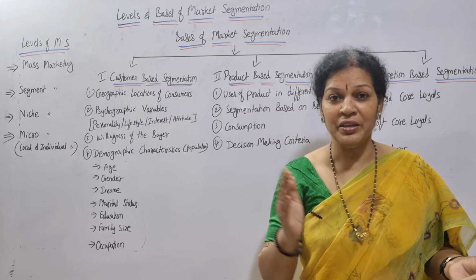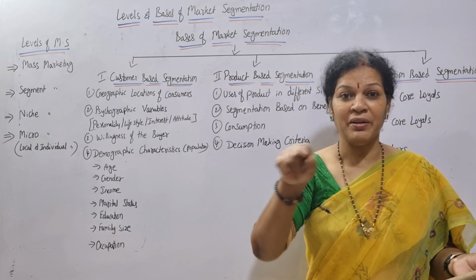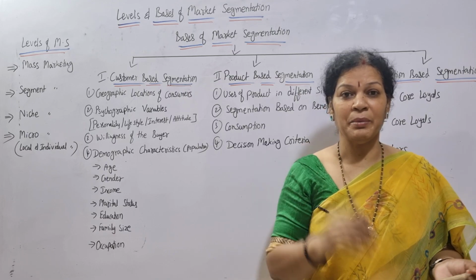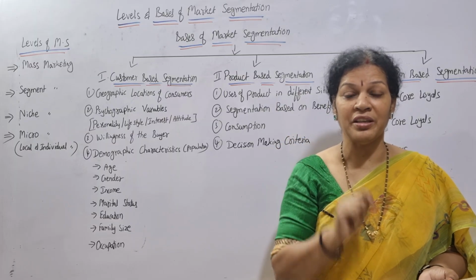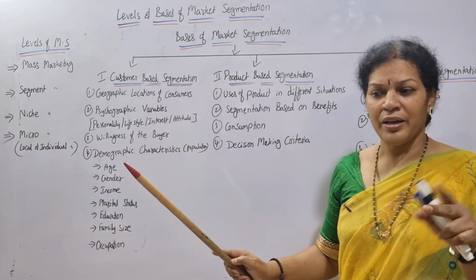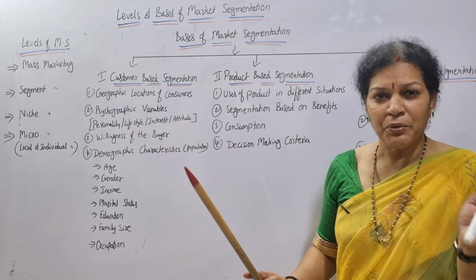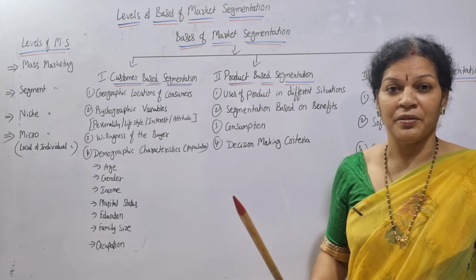If only a particular area needs it, we have to focus on those people only. High income people, where do you get them? Only in metropolitan cities, high cities, where income is more. So those areas you have to target. So that's geographical, and in some areas it will not work out. You have to remember this geographical point of view of market segmentation.